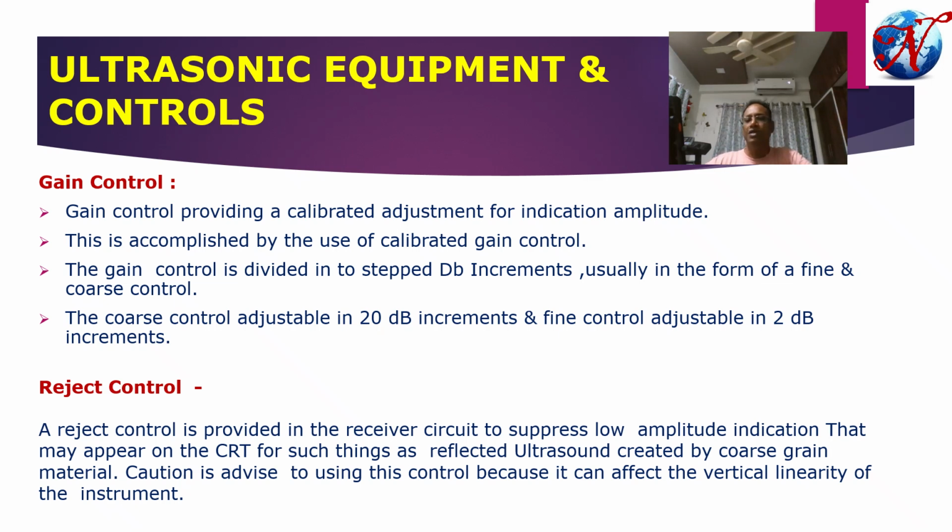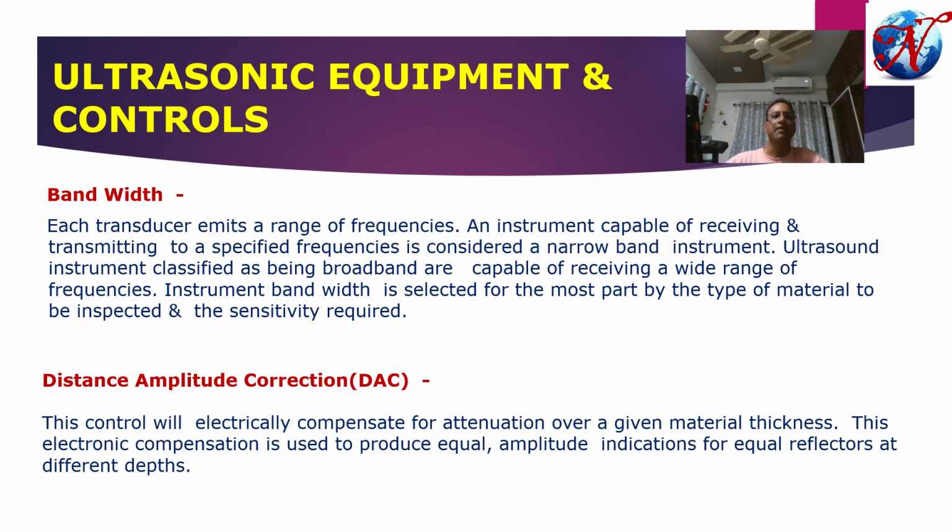In some scenarios where surface roughness is very high, the internal grain structure is coarse, internal scattering is maximum, or there is a possibility of electrical noise, and it is very difficult to interpret the data, then with an understanding between the operator and the inspection authority, we can take a specific percentage of height, 2% or 3%, as a reject control. But generally, it is not recommended to use the reject control during your inspection.